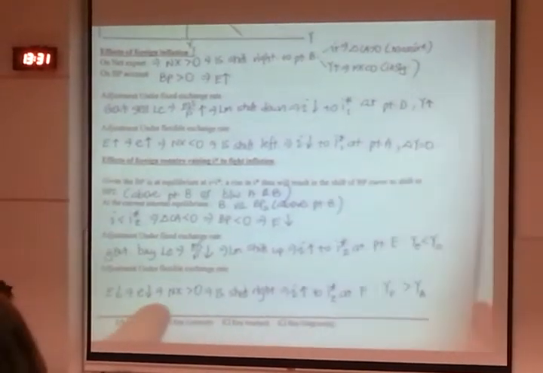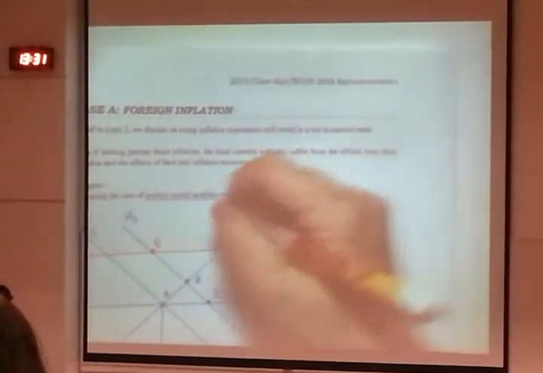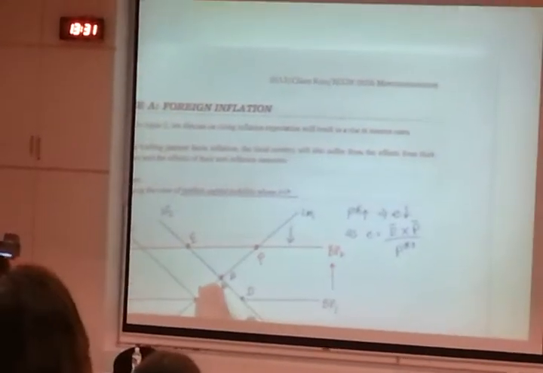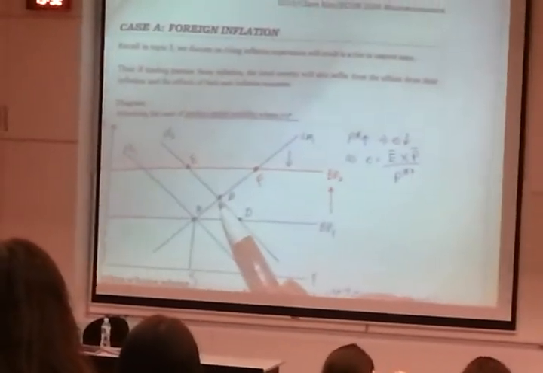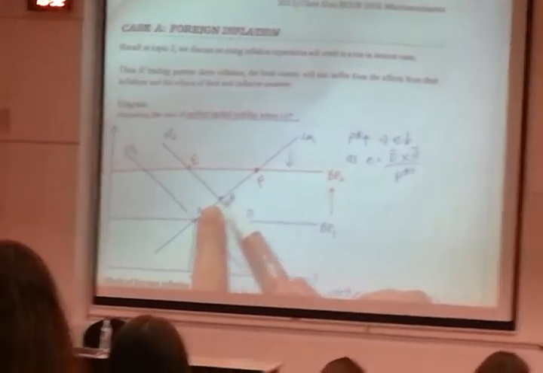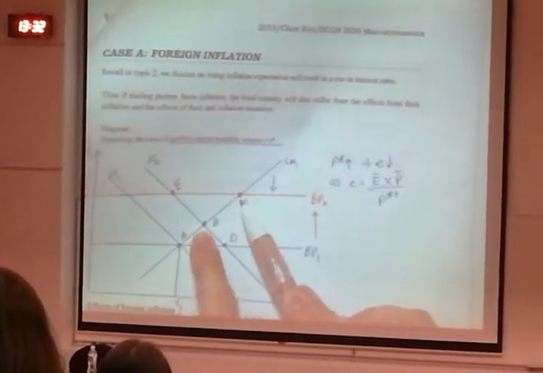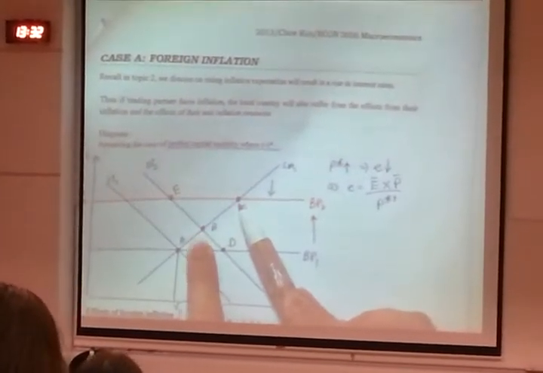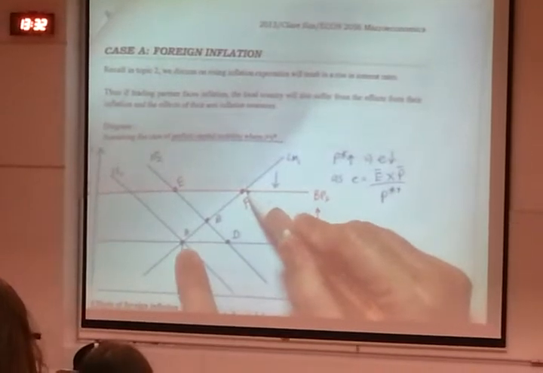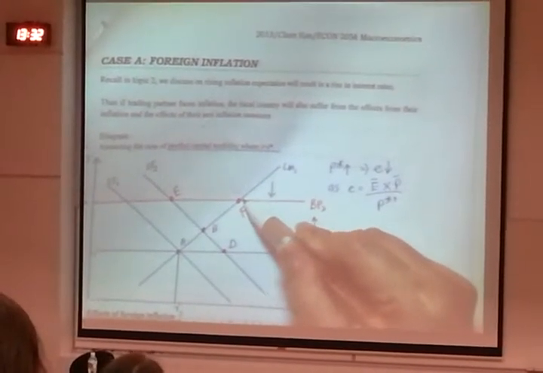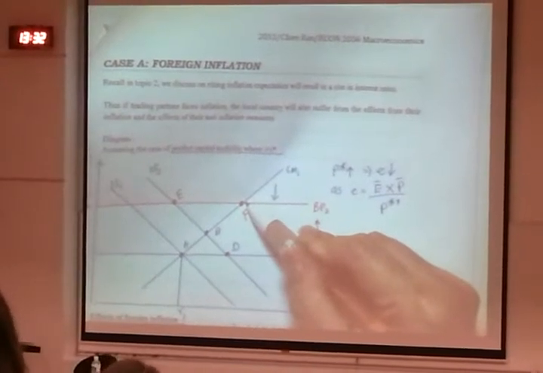Okay, so go to the diagram. This is your point S. You are at point B. Currency weaken, IS shift to the right. And you must go back to I star 2. So if you compare F with A, then you see now under flexible exchange rate, you benefit.